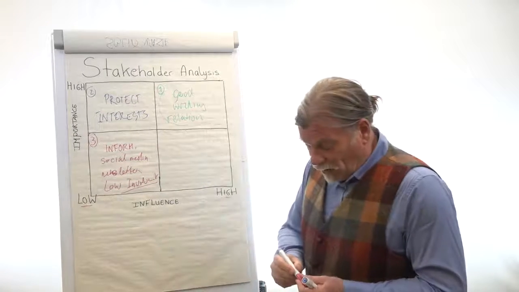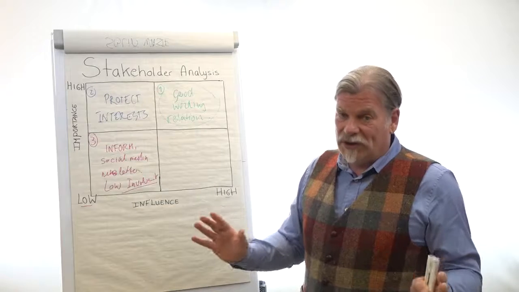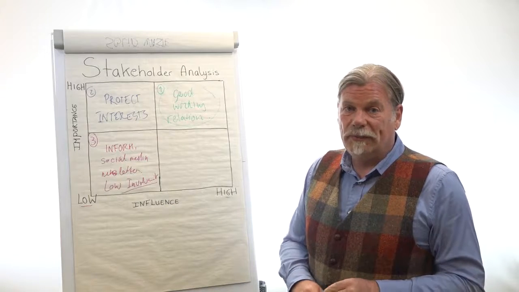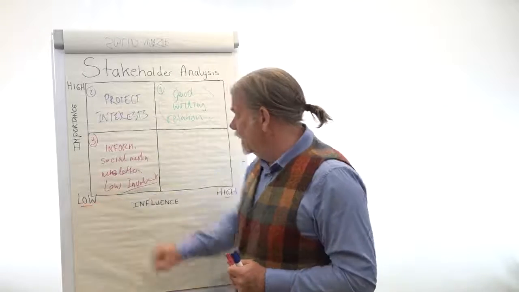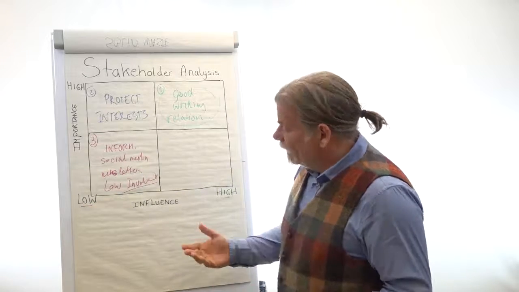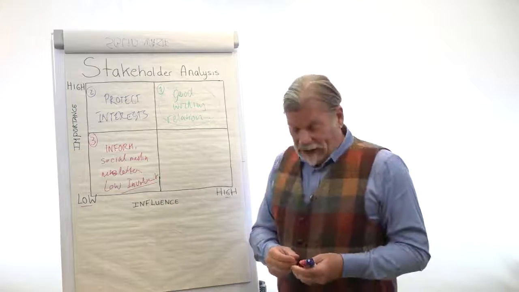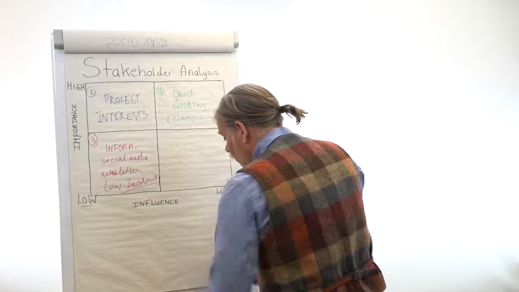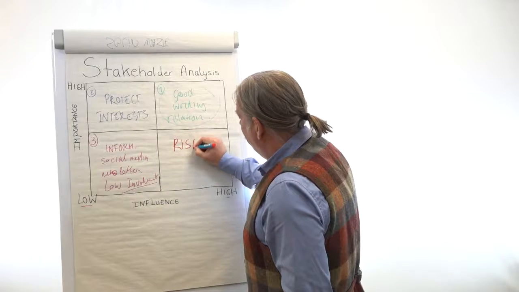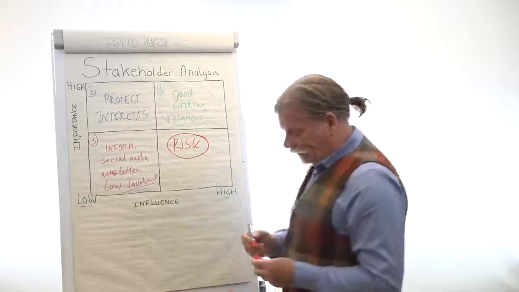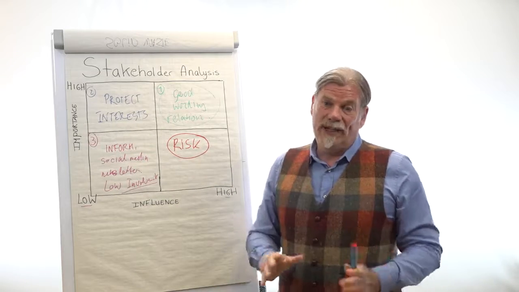Now, the final group, and this is really the test of your change management project. Those who have a low interest, for whom it is of low importance, but who have very high influence. This is, let's say, what we call the risk area. Very important, because they can make and they can break you and your project.